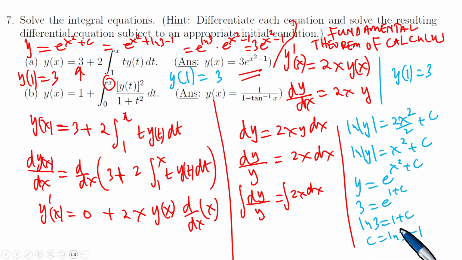And then it means that ln 3 is equal to e to the power x plus 1. And then we're able to get the answer.